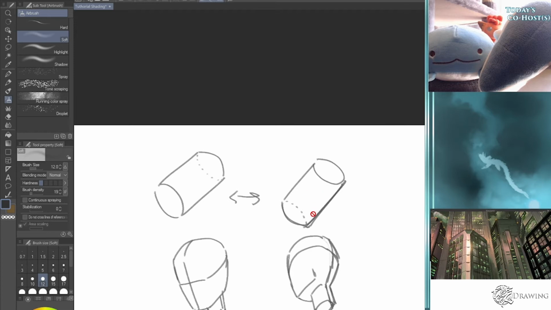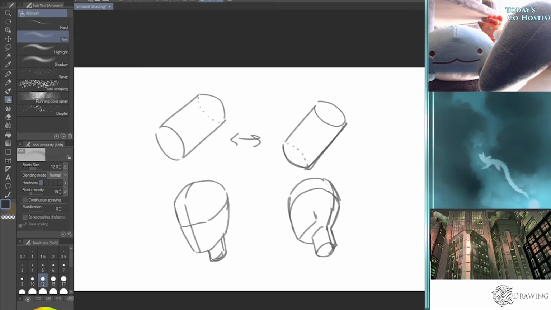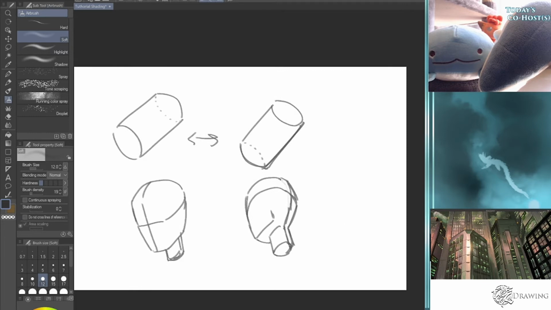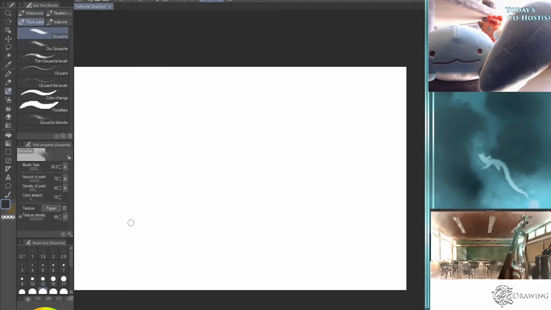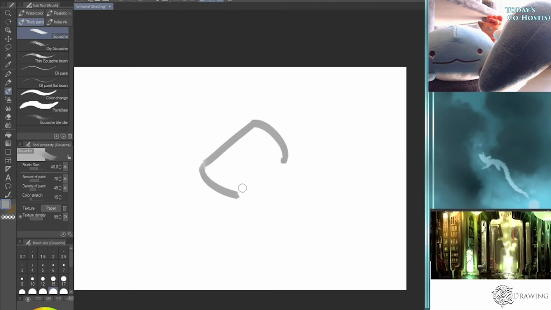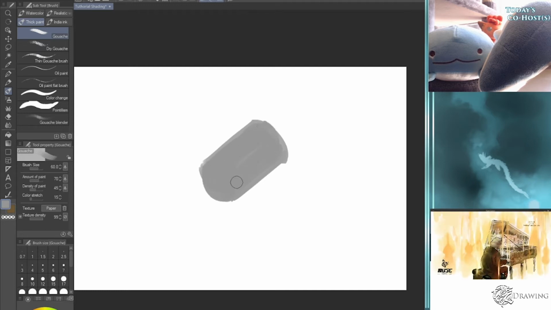I don't know if this picture makes sense to you guys yet, so let me try and emphasize here. At its simplest form, if you have this shape, it's a cylinder of some kind, right?